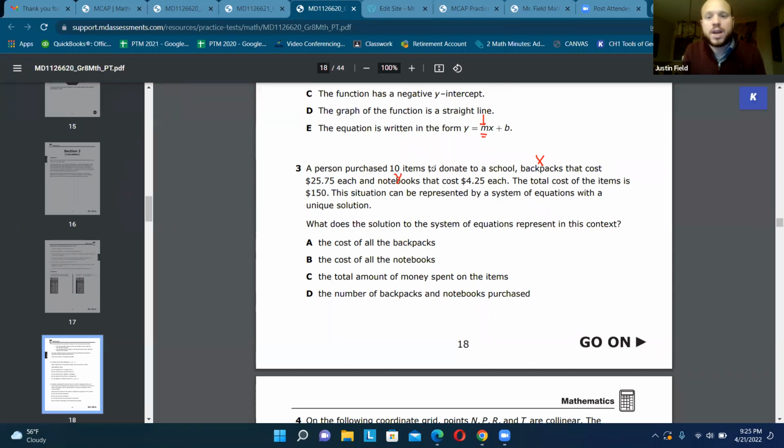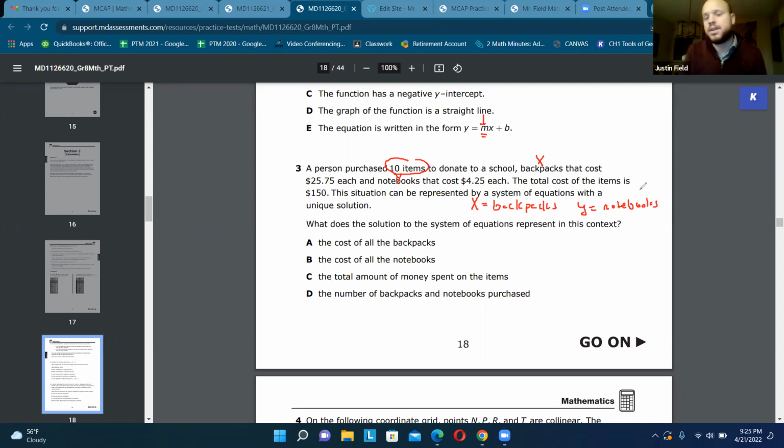And 10 items to donate to the school, backpacks and notebooks, right? So we have 10 total items, and there are two kinds of items: X is backpacks and Y is notebooks.